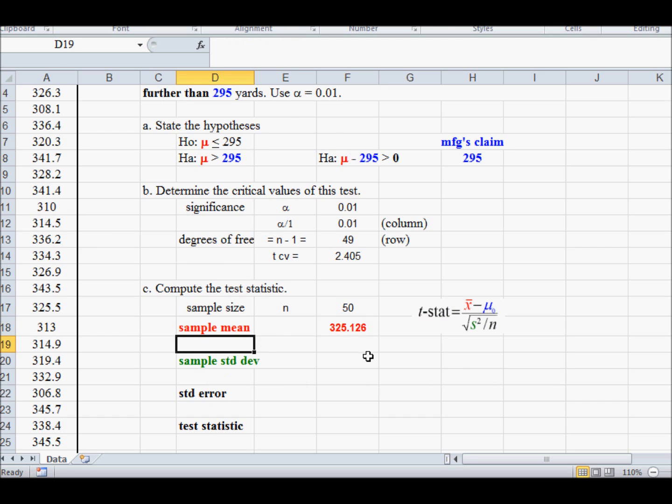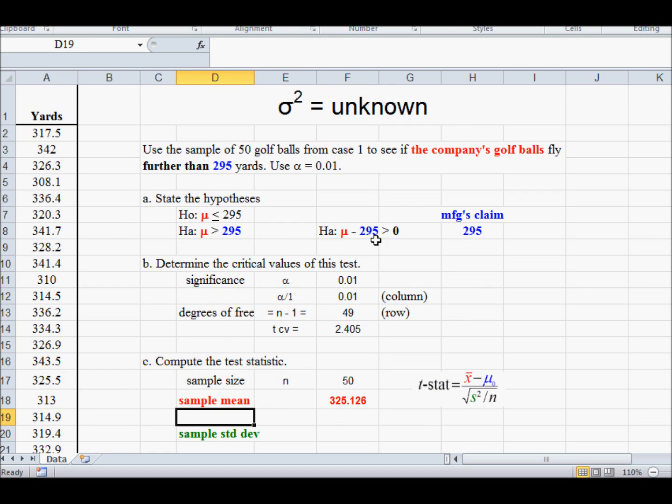The point estimator of the difference, I'm going to call this diff. The difference between the sample mean and the manufacturer's claim, in my case, is 30.126.